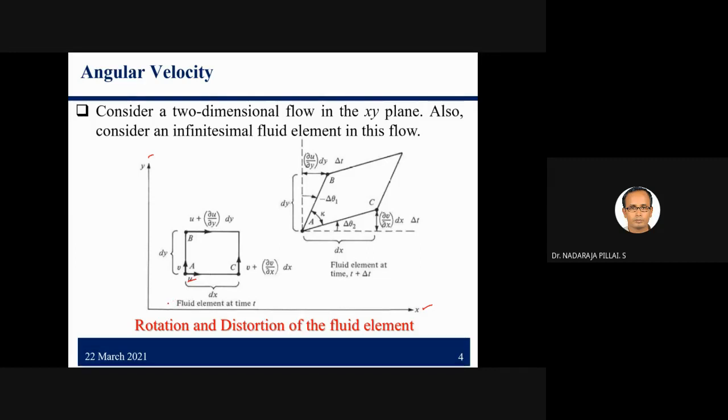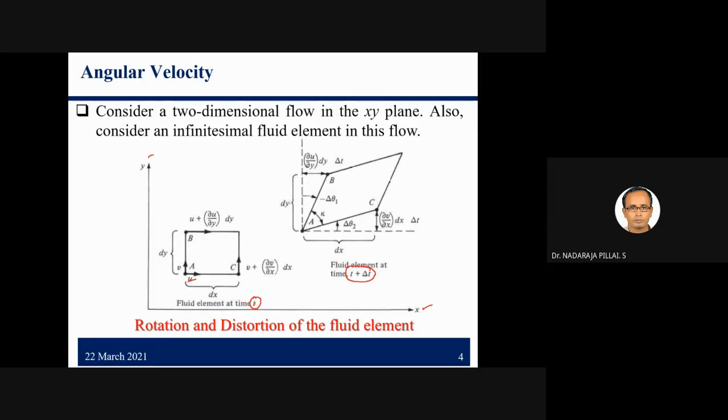So we can say that A, B, C, D are the points. Here assume that the fluid element is moving upwards and moving to the right. So at a time t plus del t, that is time t2, here the time is t.